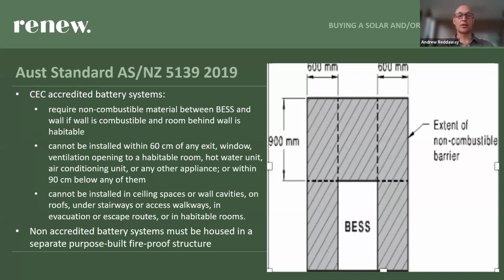It's possible that if a battery gets caught up in a fire, whether or not it was started by the battery, it could have come from somewhere else, the battery, especially some chemistries of batteries, can burn pretty severely and let off pretty nasty smoke and be really hard to put out as a fire. So that's the main reason why the standard has set these sorts of criteria.